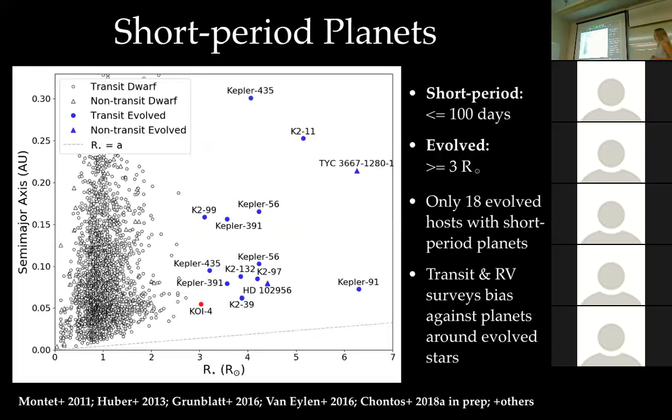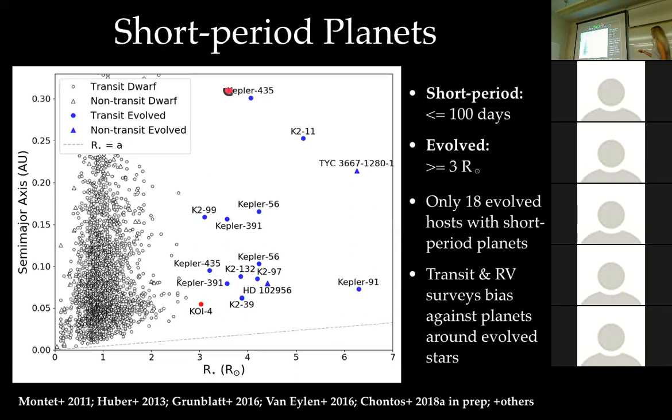If we take a look at another parameter space, here I plotted all short-period planets, short period meaning anything with an orbital period less than or equal to 100 days. I've plotted the semi-major axis, the orbital distance, as a function of stellar radius. A majority of our planets are found by the transit technique, which I've shown by the circle, and any planets detected by the other various methods I've shown by triangle. Then I've colored in short period planets around evolved stars, and by evolved, we mean anything with a stellar radius of 3 solar radii or larger.